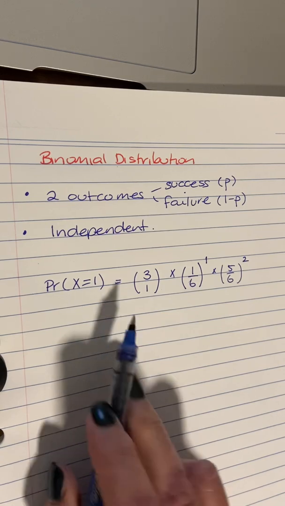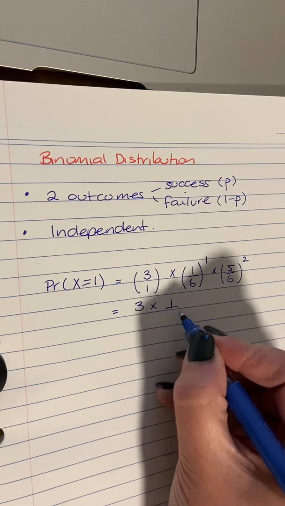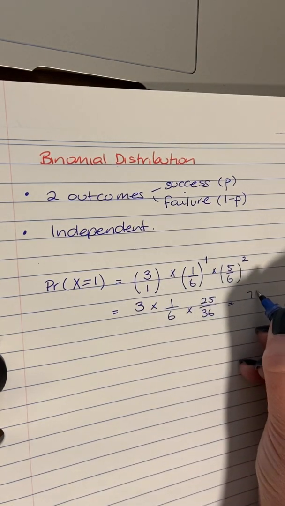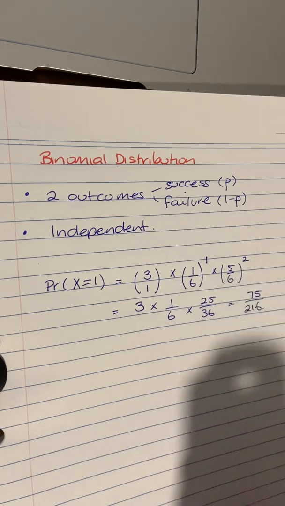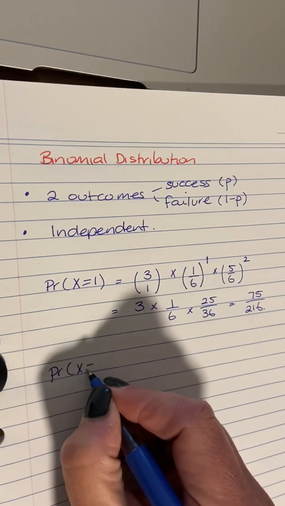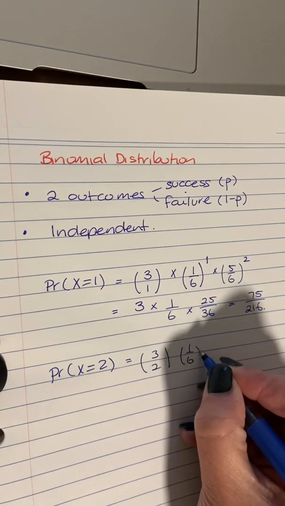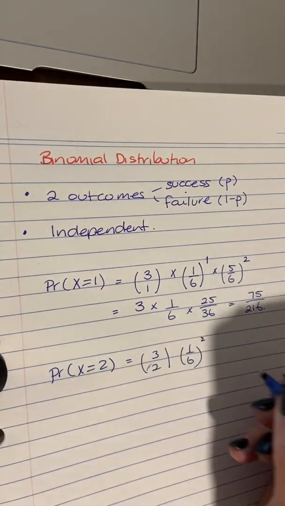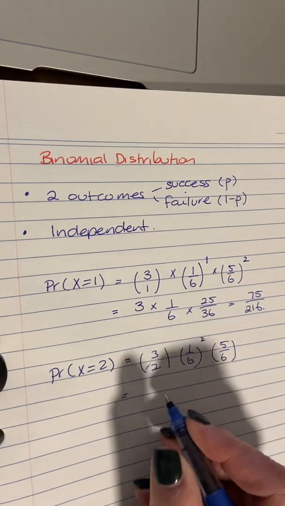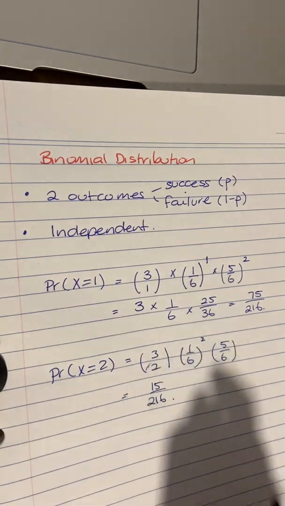If you work this out, 3 choose 1 was 3 times 1 on 6 times 25 on 36, you would get 75 on 216, which is what we got in our table. If you wanted the probability that x equals 2, you would go 3 choose 2, success to the power of 2, failure to the power of 3 minus 2. And if you work that out, you get what we got in our table, 15 over 216.